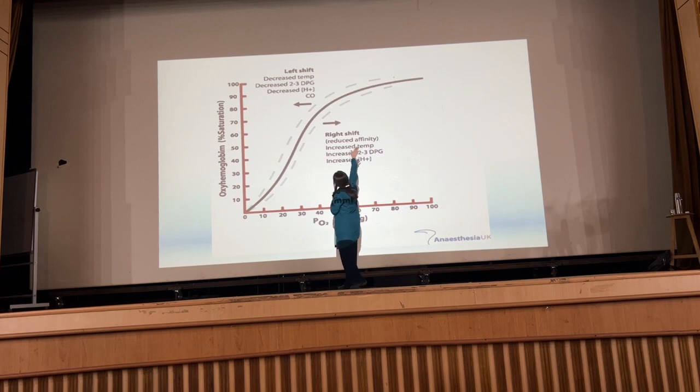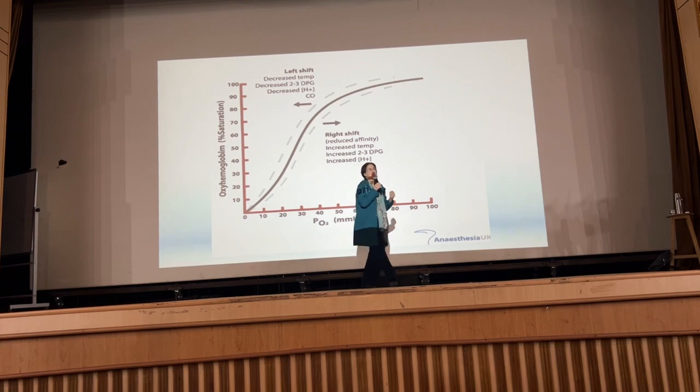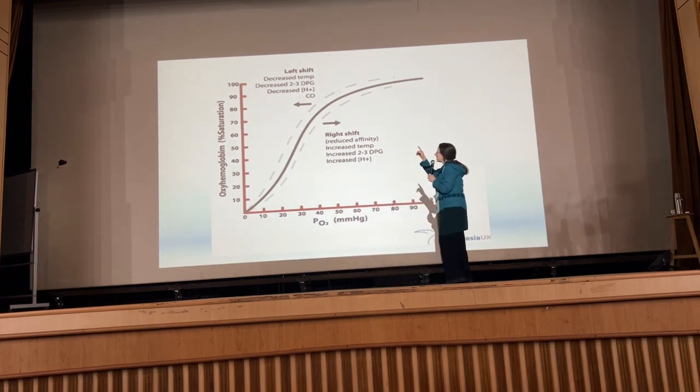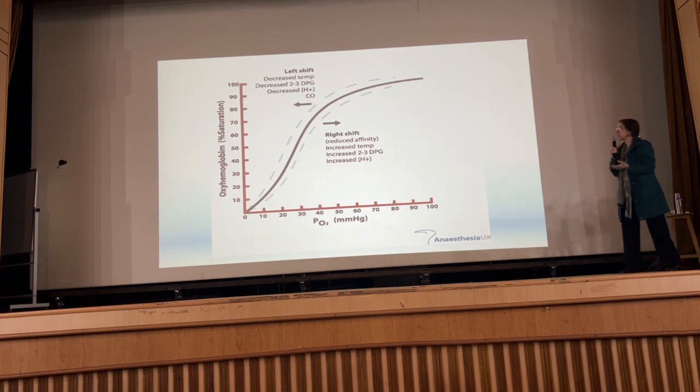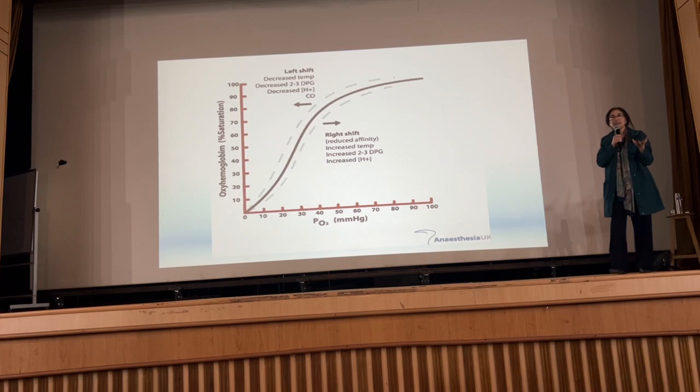Generally, this is the sigmoidal shape I've explained. This curve can shift to the right or to the left based on the conditions. As you can see up there, if it shifts to the left, it means that with less pressure of oxygen, less amount of oxygen, it is going to be saturated. So it's going to be saturated quicker.